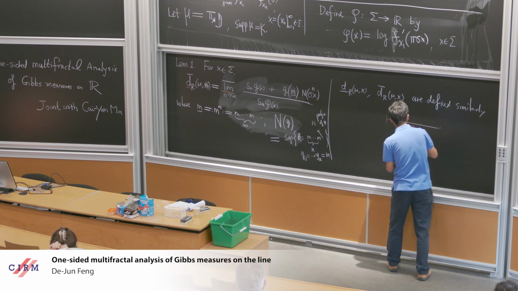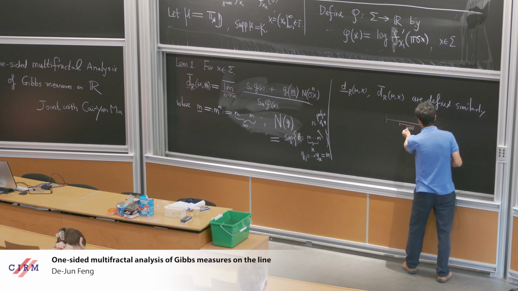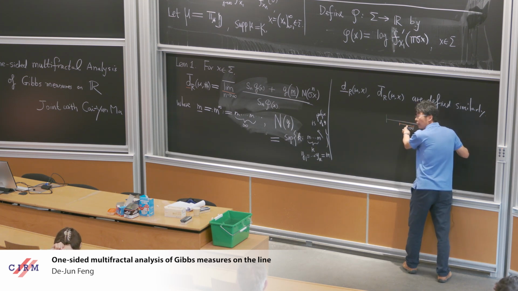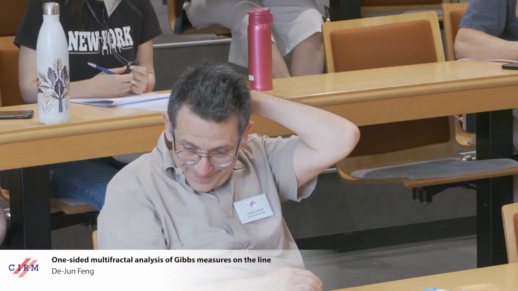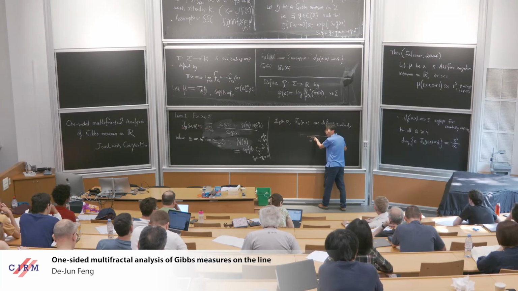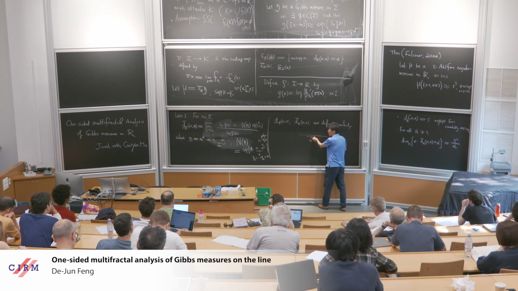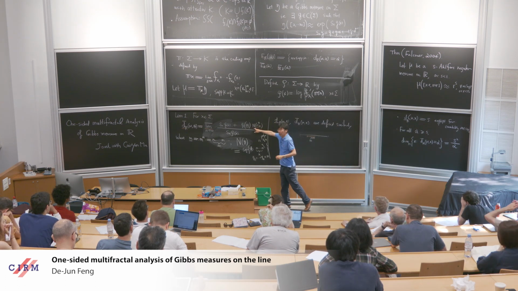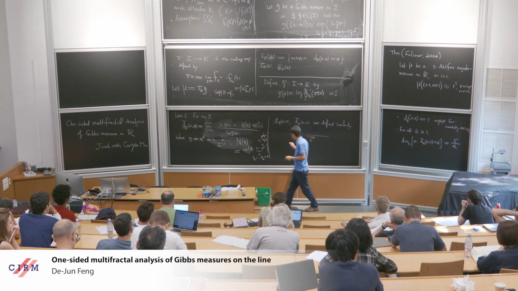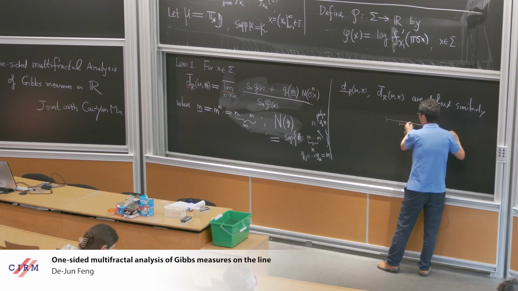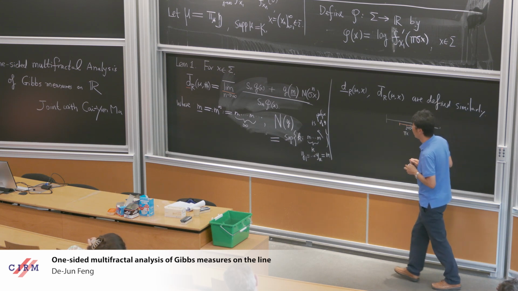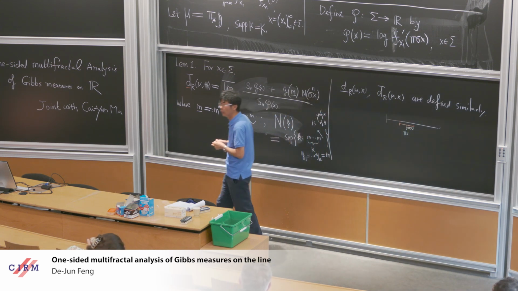And then you need to care about how much is this point. What's the distance between this point to the right end point of that cylinder? Okay, if this point is very close to the cylinder, then this number n could be very large. So in this case, the measure on this small part is much smaller than the measure of mu on this cylinder. Okay. So that's the expression here.